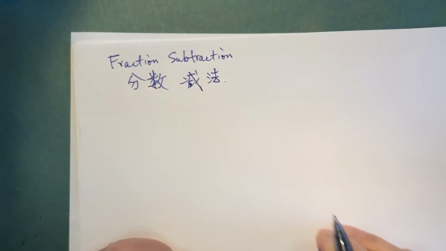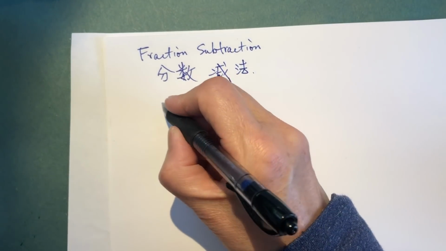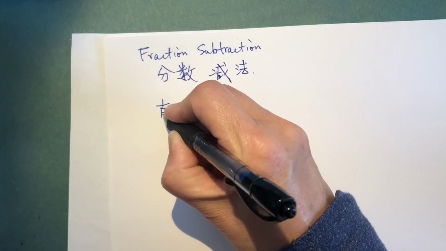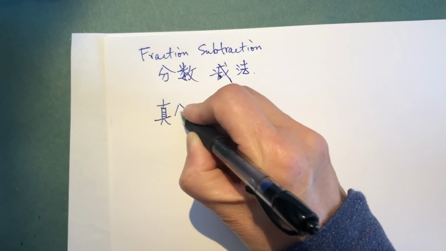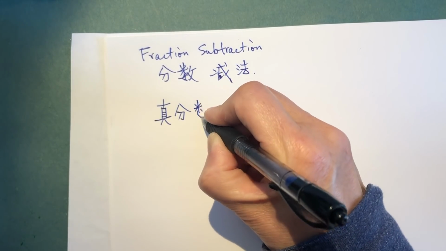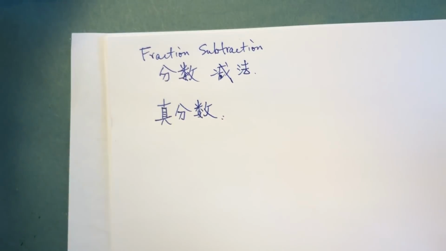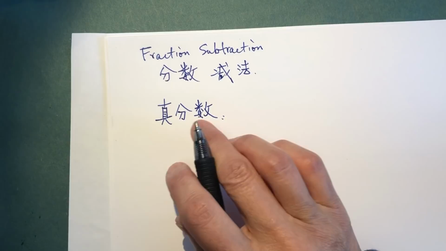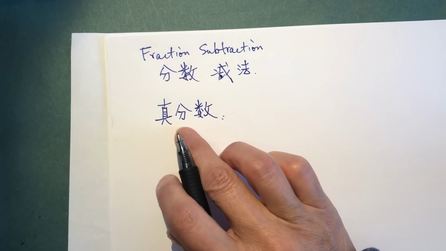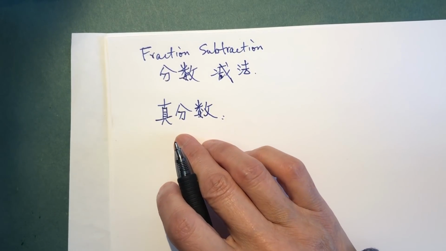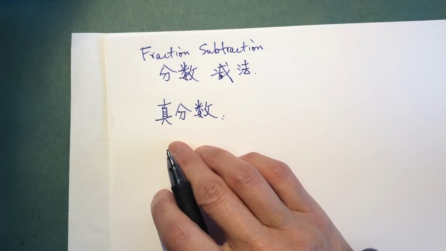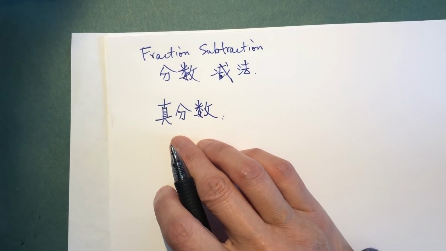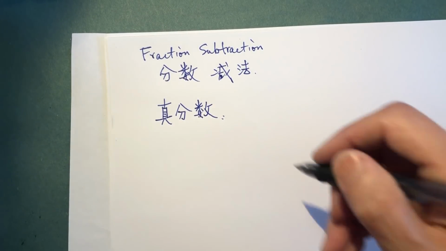To begin with, we will first introduce what is 真分数. In Chinese, 分数 can be classified as 真分数. What is 真分数? 真 is real, 分数 fraction, real fraction. In English, there is such a word that is fraction, just a fraction.